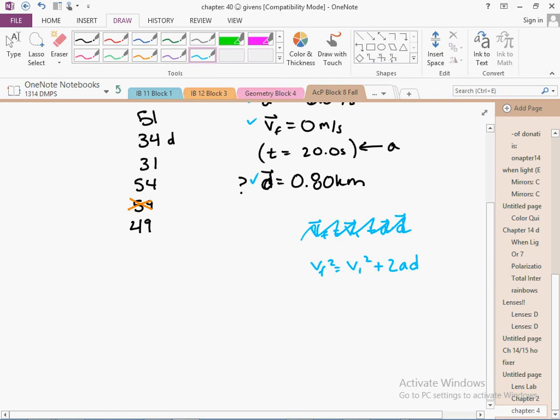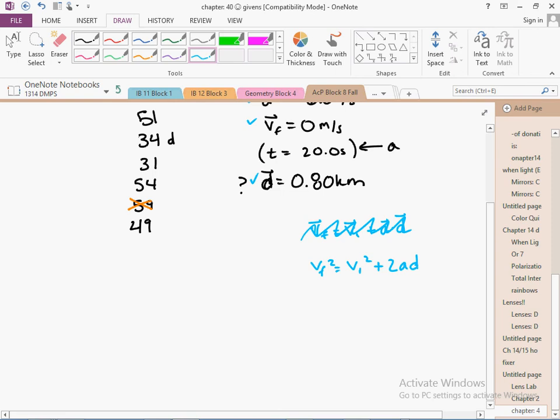Okay, see, I used a different equation. I used D equals initial velocity times time plus 1/2 acceleration times time squared. Okay, so you can use that, but the trick with that is that that's assuming that your time is correct. Well, I would hope that I might.